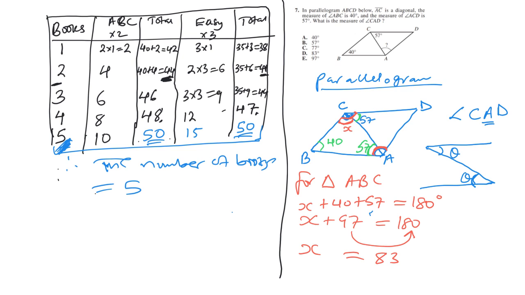So the angle CAD is 83 plus 57. What are you going to get? 83 plus 57, that is 133. Then plus 7 is about 140. So check in the answers. Oh, I think I've made a blunder here.